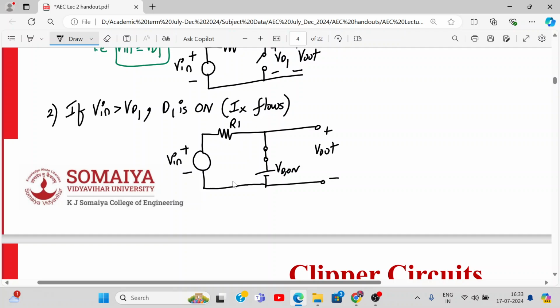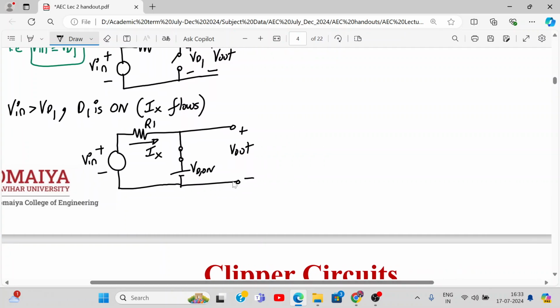And will the current flow in the circuit? Yes, definitely yes. So this is Ix. We are not interested in the current because we are not plotting it. Now can you tell me what will be V out? Same as VD on, no? V out is same as, come on, tell me. VD on, right? Yes or no?